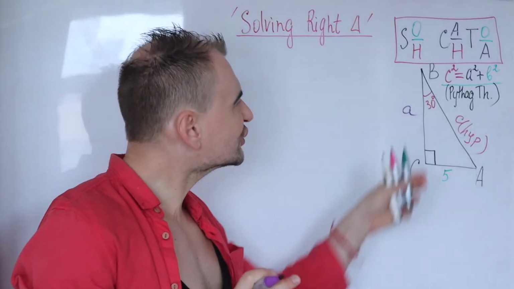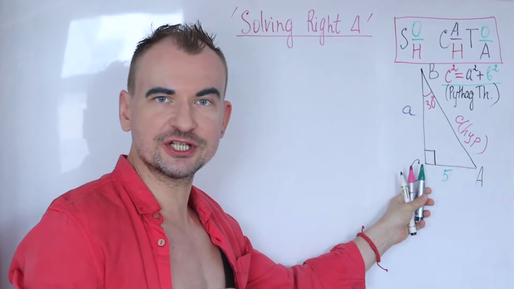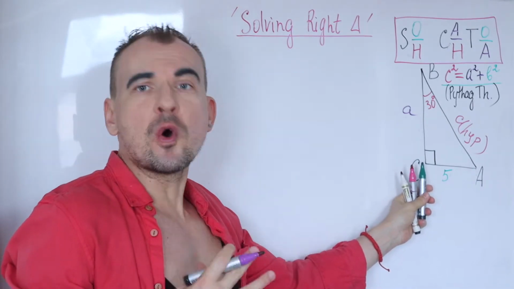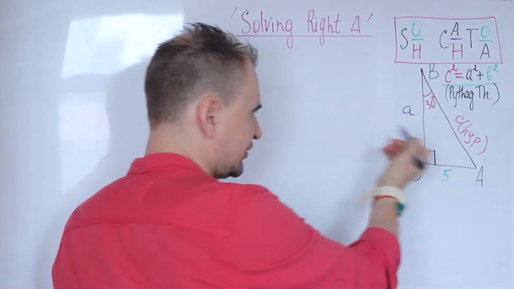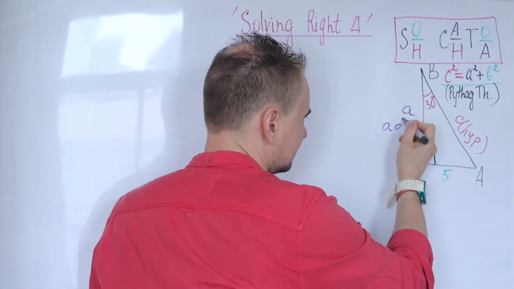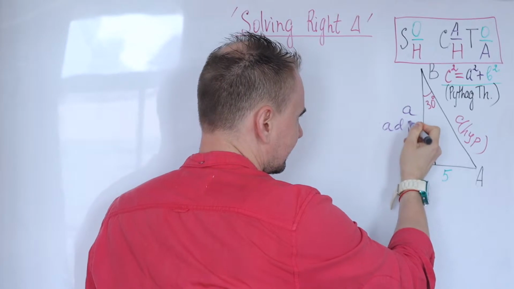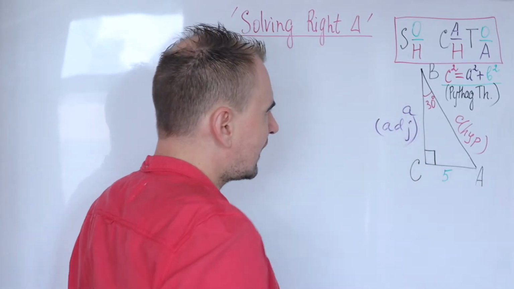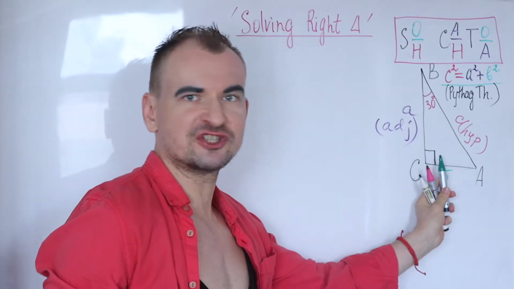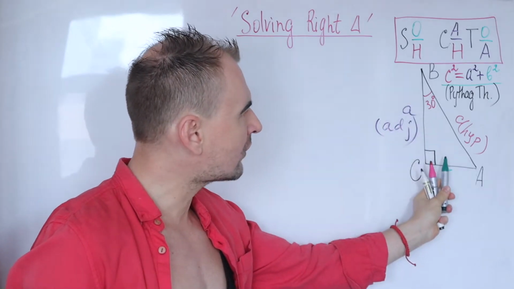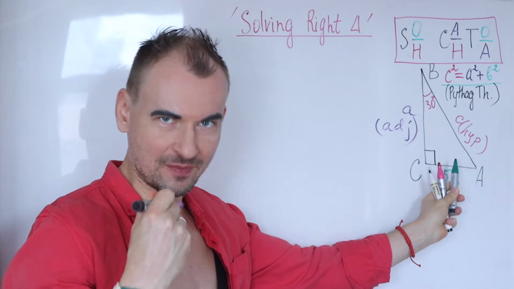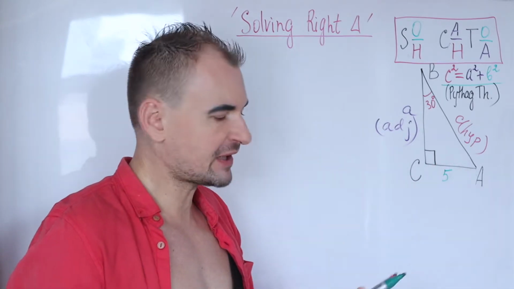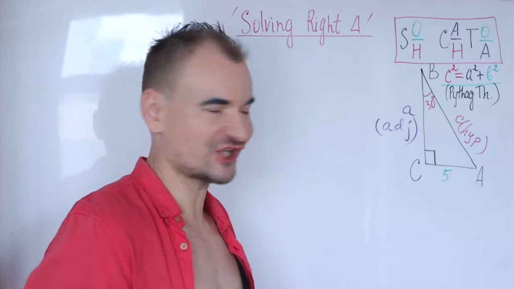Now, the side which is next to your angle of 30 degrees is your adjacent side. Next means adjacent, and we could just write it down, ADJ. And finally, the last side, which is directly across from your angle of 30 degrees, directly opposite from the 30 degrees, is typically called the opposite side.